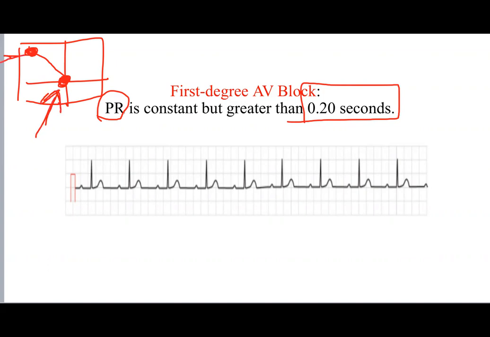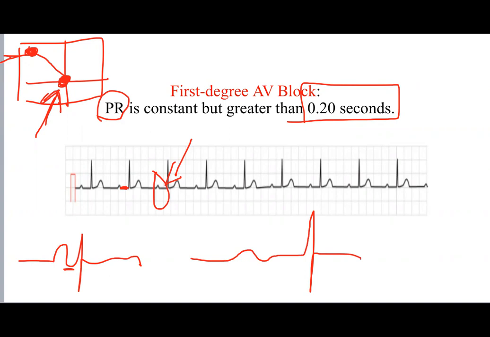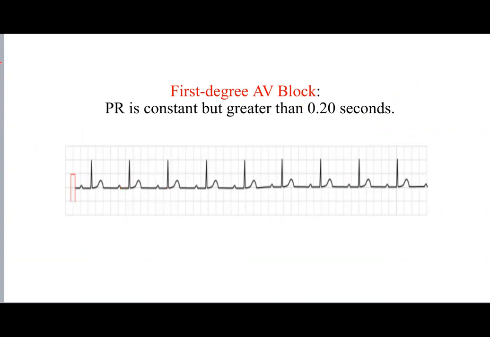So in this case we have a slightly longer response time. Instead of a normal sinus rhythm with a fast response, this one's going to be a bit longer. That's all you have to know about a first degree block. It's pretty much the same as a normal sinus rhythm, but the PR is longer than normal. Simple as that.